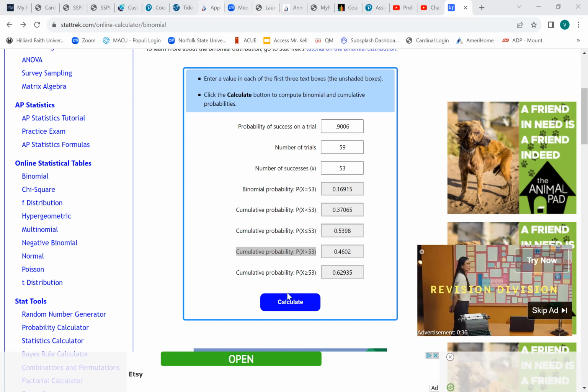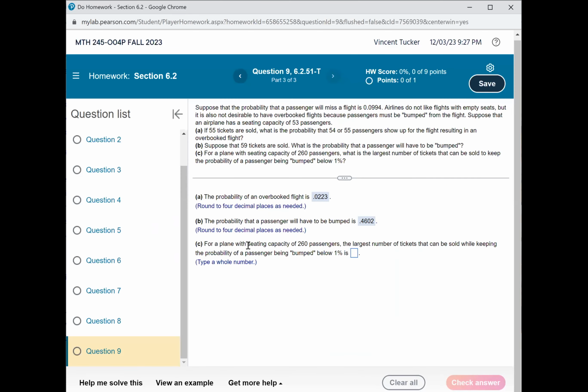All right. And then the last one, for a plane with seating capacity of 260 passengers. Before, the capacity was 53 passengers. Now our capacity is 260, so we replace that 53 with 260. It asks, what's the largest number of tickets that can be sold while keeping the probability of being bumped below 1%?